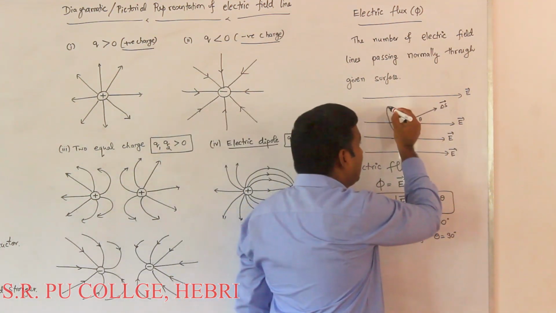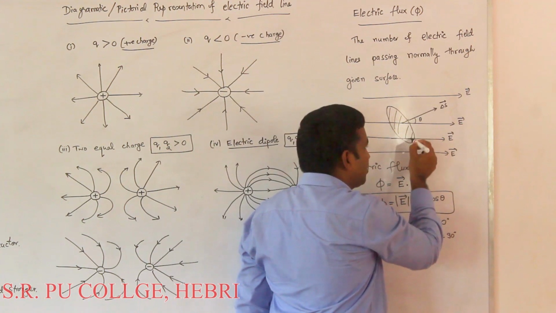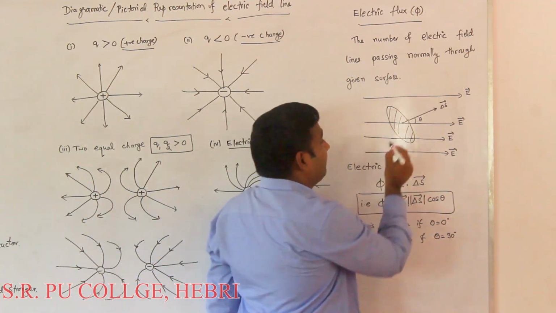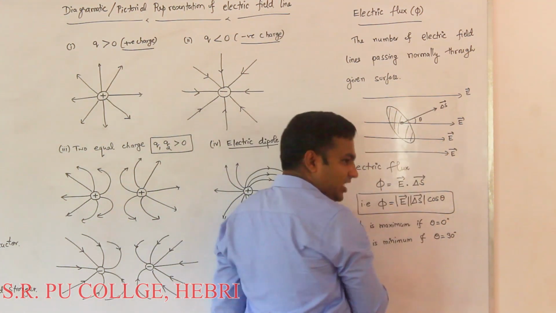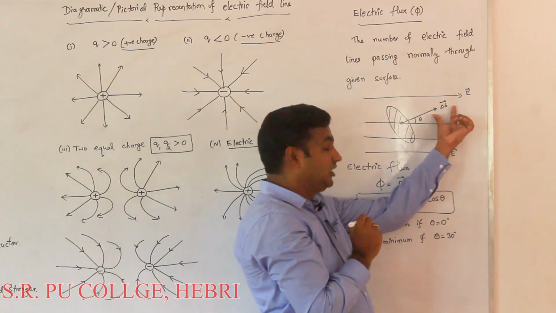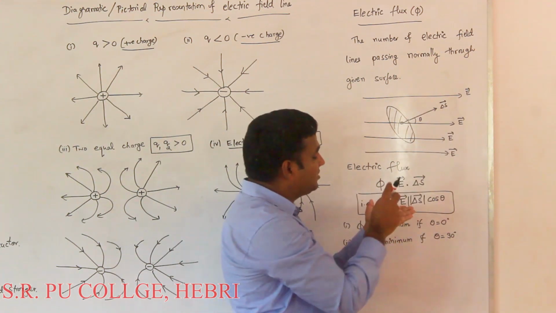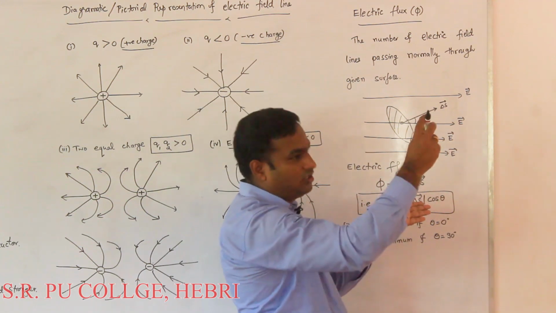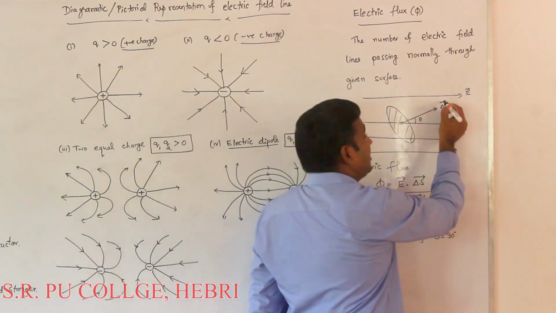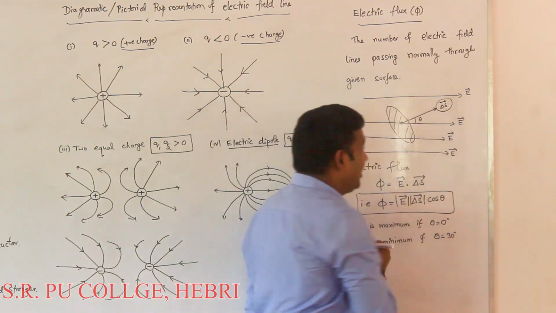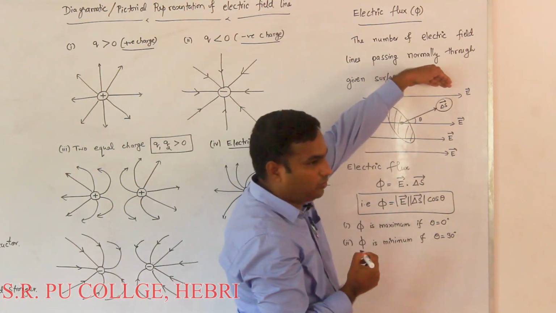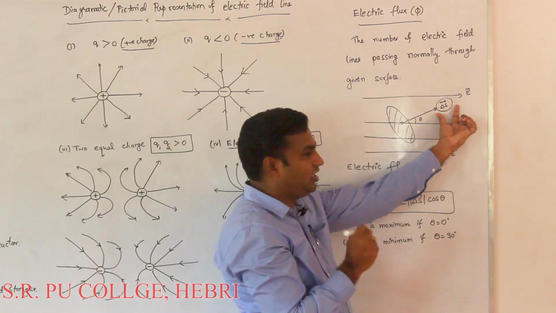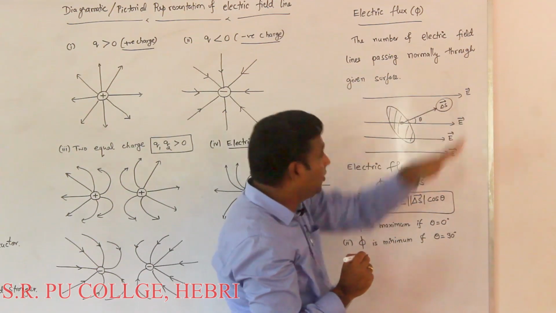If I consider one surface like this, in that surface I consider a small surface area, delta S. That surface area always acts normally outward. Since the area is small, it is indicated as a vector acting normally outward. Here delta S represents the area vector acting normally outward.